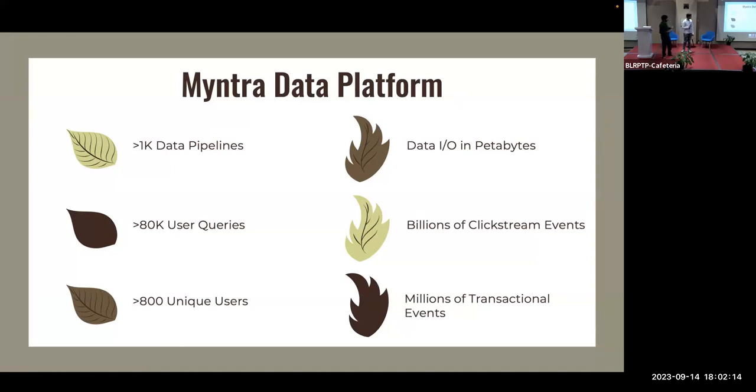To talk about scale, we have around 1K data pipelines, 10,000 node Spark cluster, 80,000 user queries. These users are mostly internal users, our business insights team and our leadership teams. We manage petabytes of data. We have billions of clickstream events being streamed into our pipelines from users directly, and we handle millions of transactional events each day. So that's the kind of scale we deal with at Myntra Data Platform.